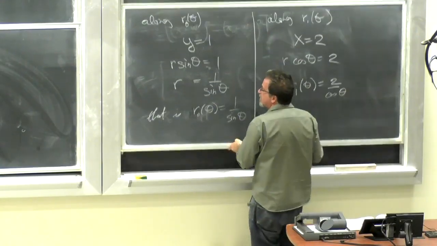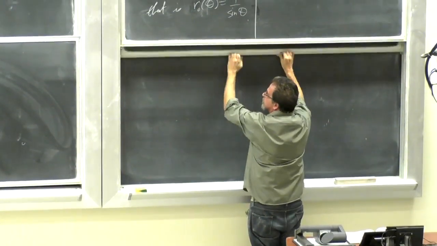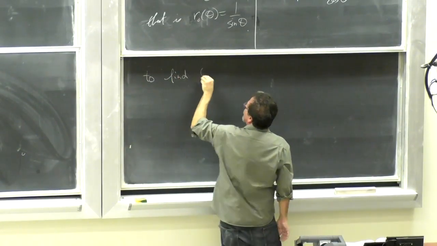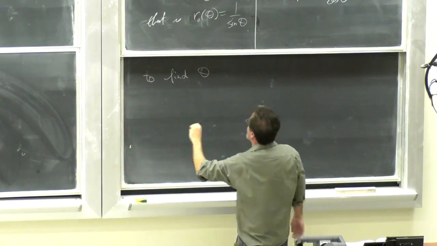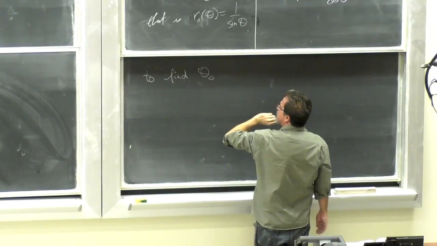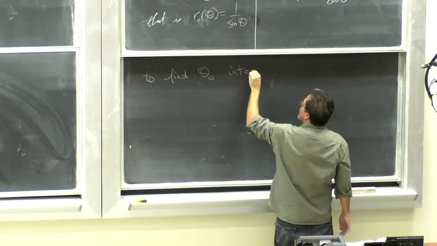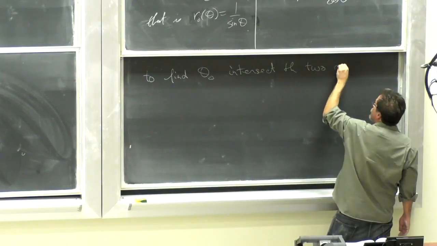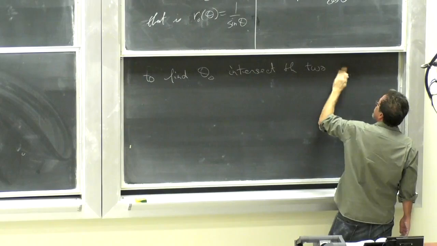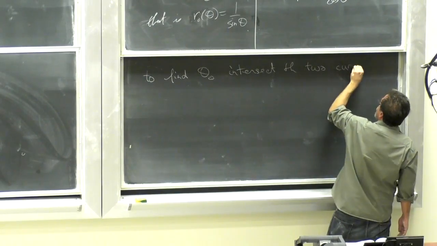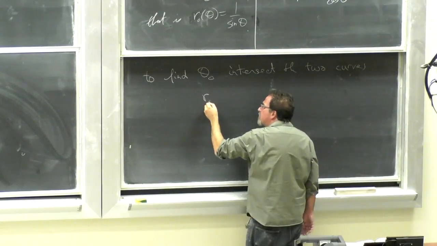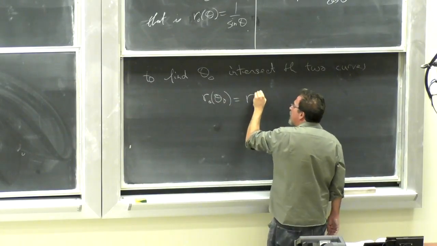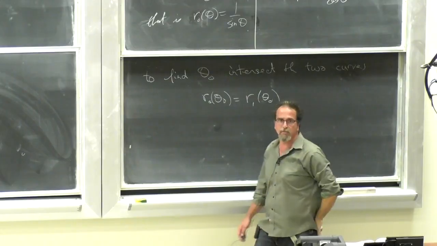So to find theta min, which is what I call theta 0, intersect the two curves, because that's what the graph tells you. So what that says is r0 at theta 0 is equal to r1 at theta 0. That's the mathematical way of saying it.